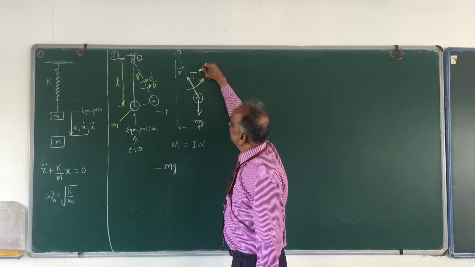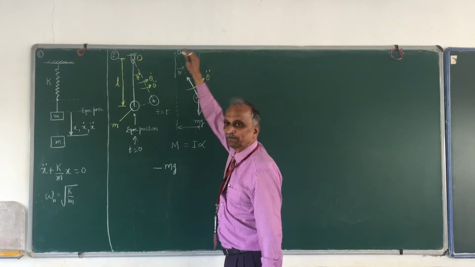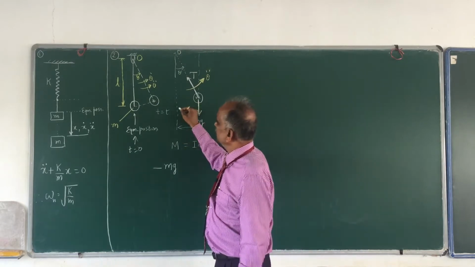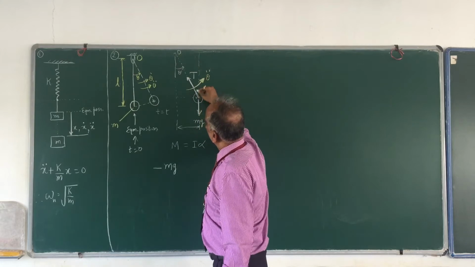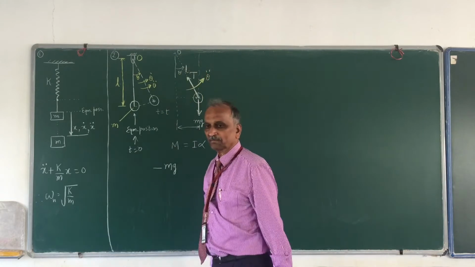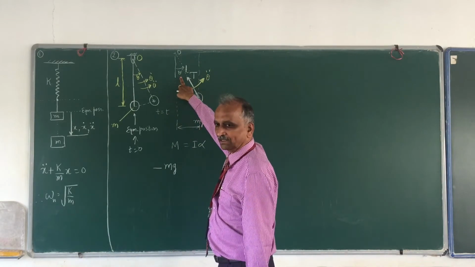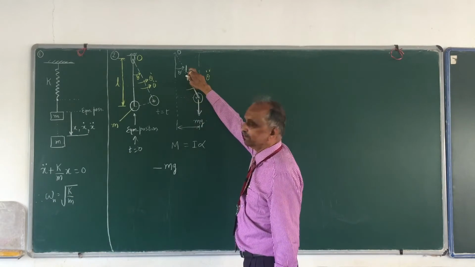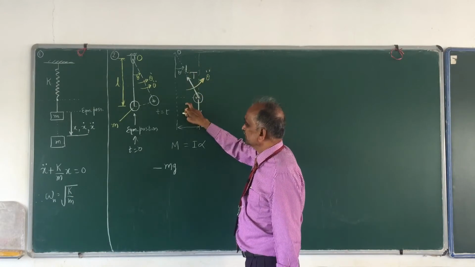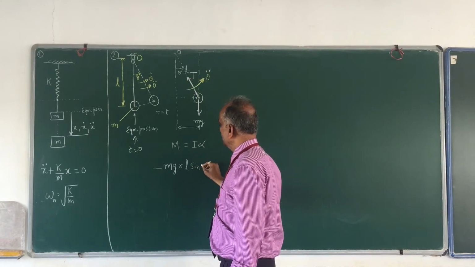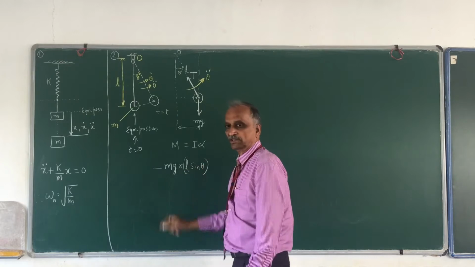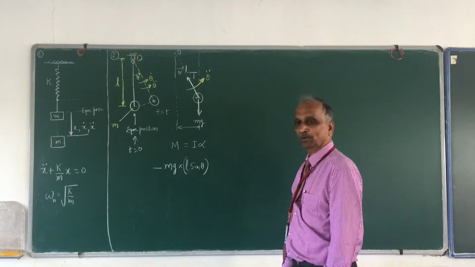So what is this distance? From here to here, what is this length? If sine theta is equal to this divided by L, and this is what I want, then it is L sine theta. This is the perpendicular distance between the force and the point.